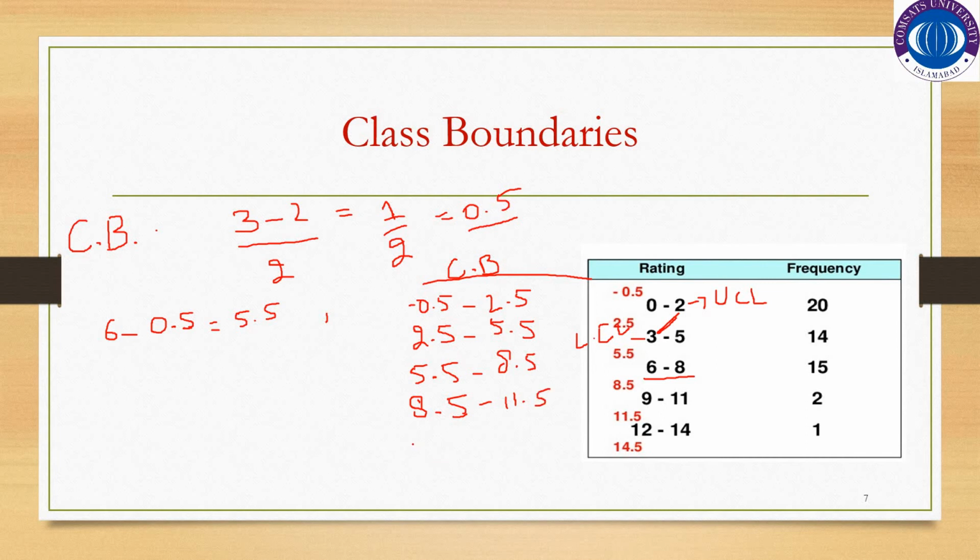Similarly, we will have 11.5 to 14.5. Okay, this is the column of class boundaries.